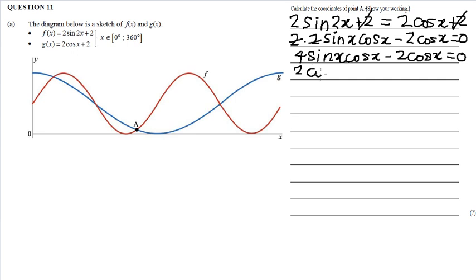So this becomes 2 cos x into 2 sine x minus 1 is equal to 0. So our two solutions are 2 cos x is equal to 0, or 2 sine x minus 1 is equal to 0.